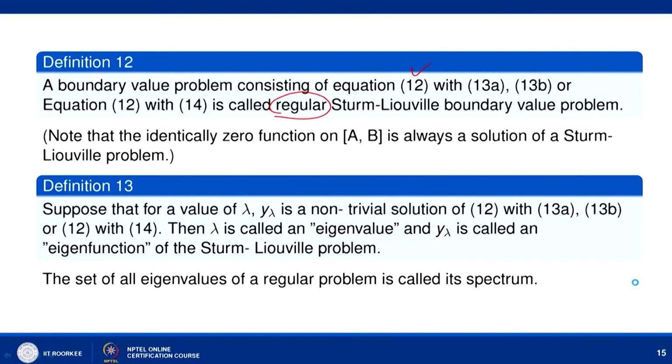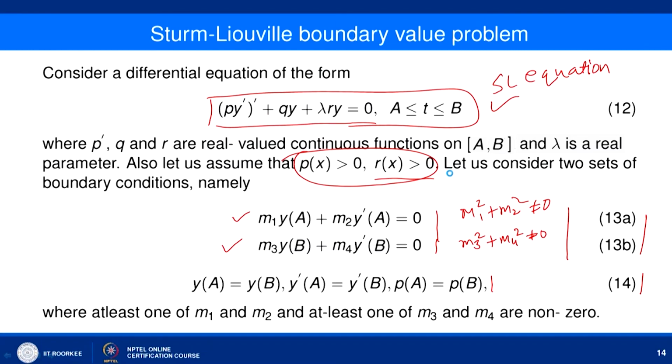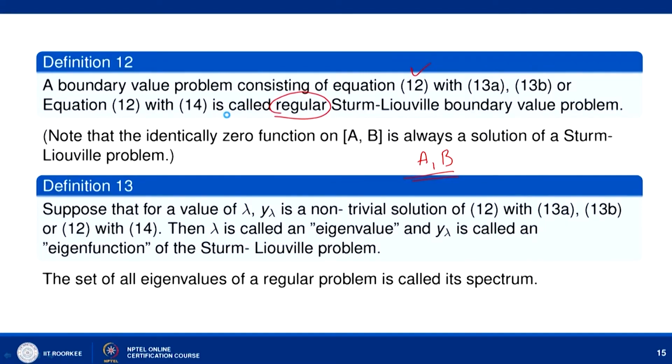It means that our problem is regular in the sense that the points a and b are finite endpoints, so none of them is infinite, and the coefficient of the highest order derivative y'', that is p here, is non-zero in this interval. If this is so, then we call this SL boundary value problem a regular Sturm-Liouville boundary value problem.